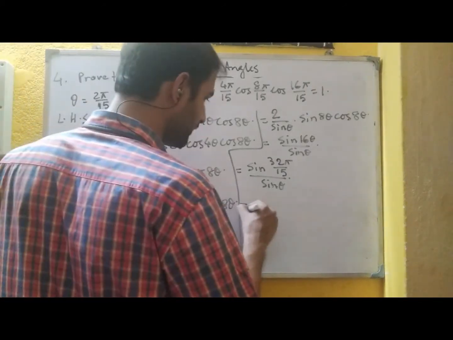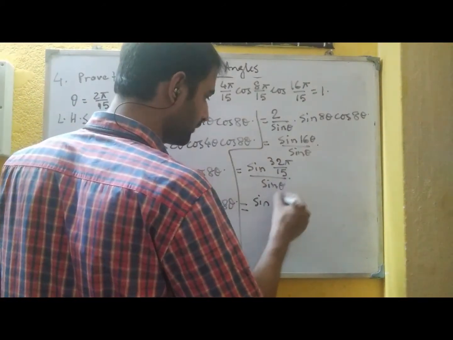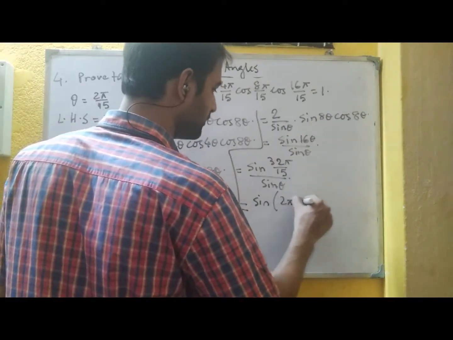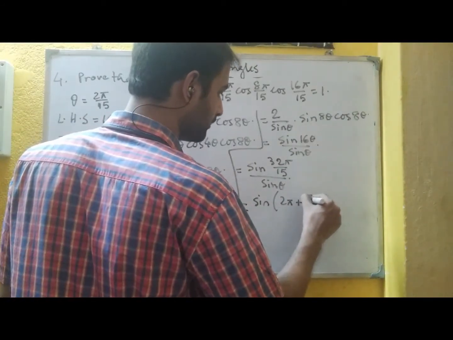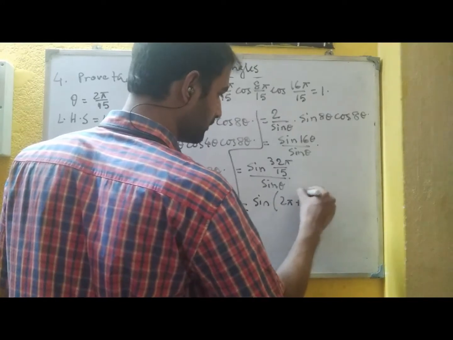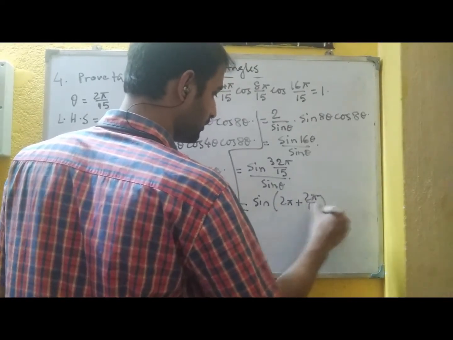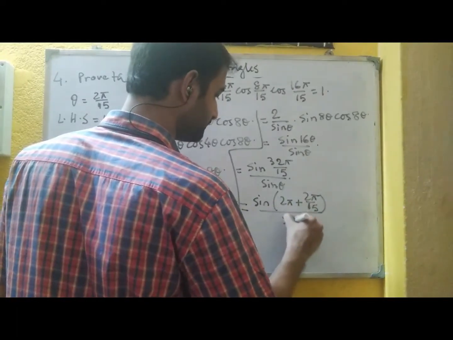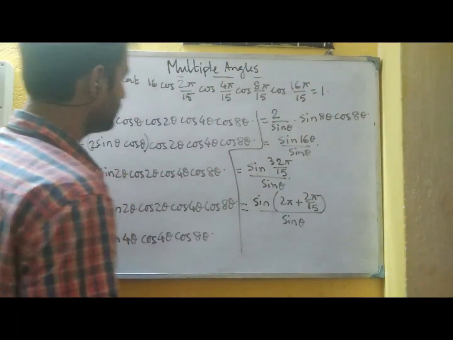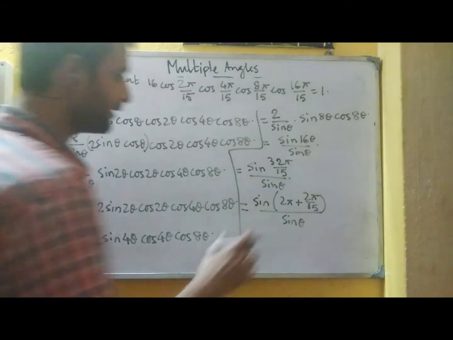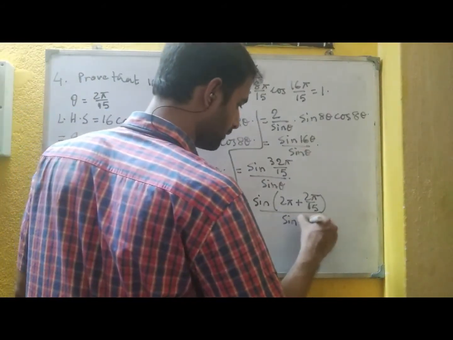See, we can write 32 pi by 15 as 2 pi plus 2 pi by 15, whole divided by sin theta, or you can write it as sin 2 pi by 15.